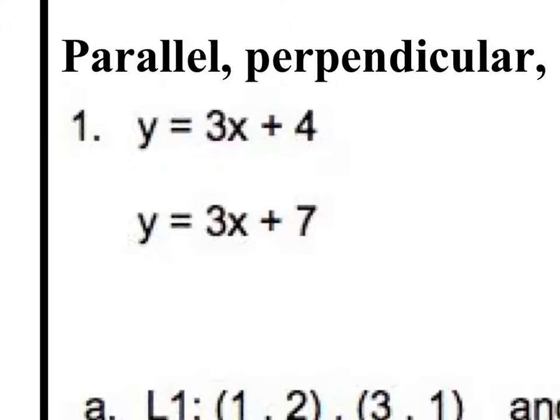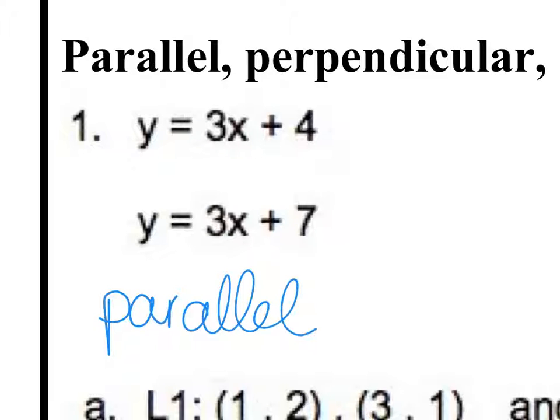Parallel, perpendicular, neither. Parallel. Brandon, what are they going to be? How do you know that they're parallel? Both have a slope of 3. Okay, let's move on to number 2.